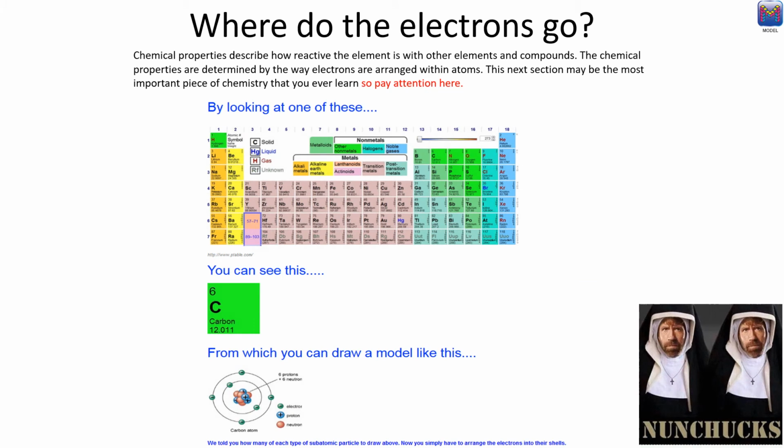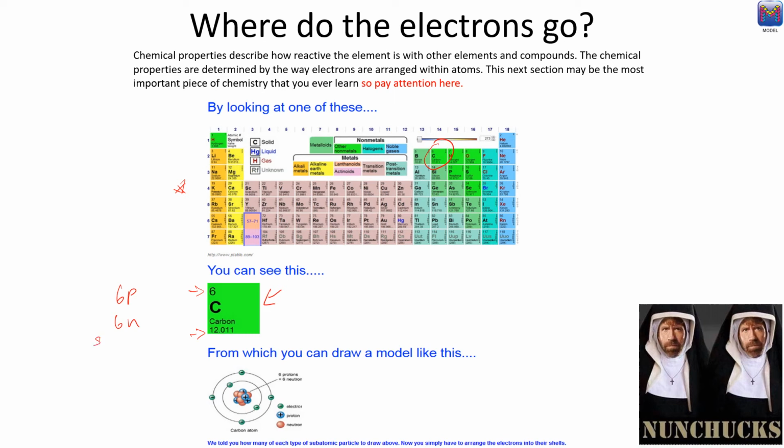Alright, so when we look at our periodic table, we can take out one of them. So if we take out that one there, that's carbon. Carbon has an atomic number of 6, so there must be 6 protons. It has a mass number of 12, so there must be 6 neutrons to make 12.